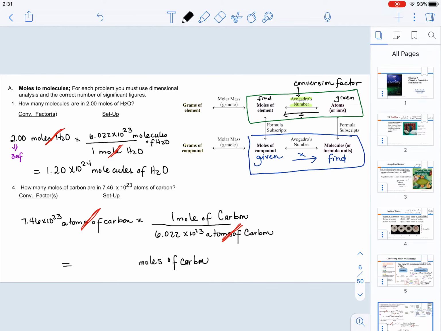When I take 7.46 times 10 to the 23rd and divide it by 6.022 times 10 to the 23rd, rounding my answer to 3 sig figs, it is 1.24 moles of carbon present in 7.46 times 10 to the 23rd atoms of carbon.